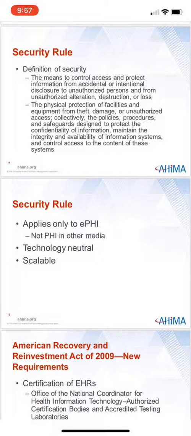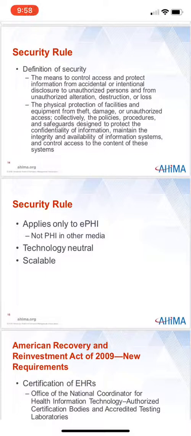A covered entity must address all of the aspects included in these definitions as they are included in the security rule. The security rule defines the minimum that a covered entity must do to protect electronic protected health information, or EPHI. This is the PHI that's created, received, or transmitted electronically by covered entities.